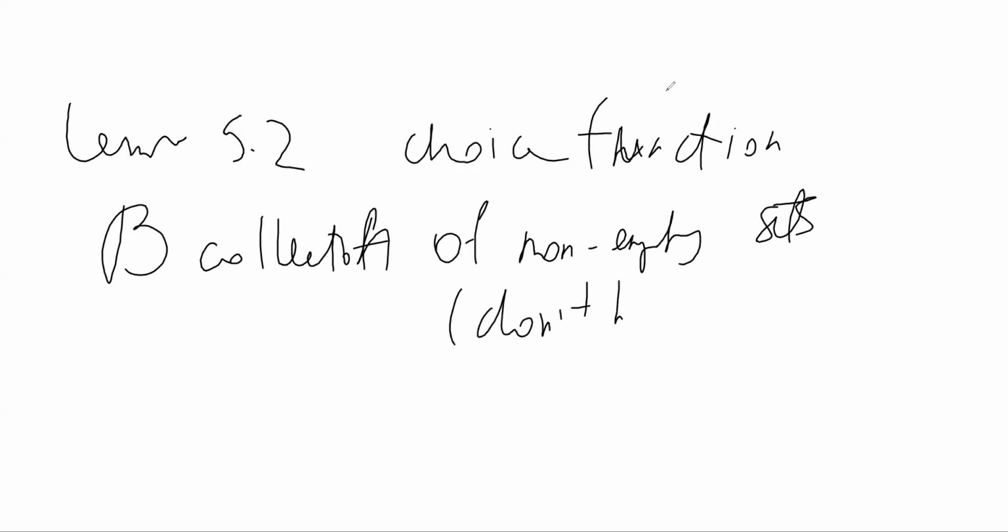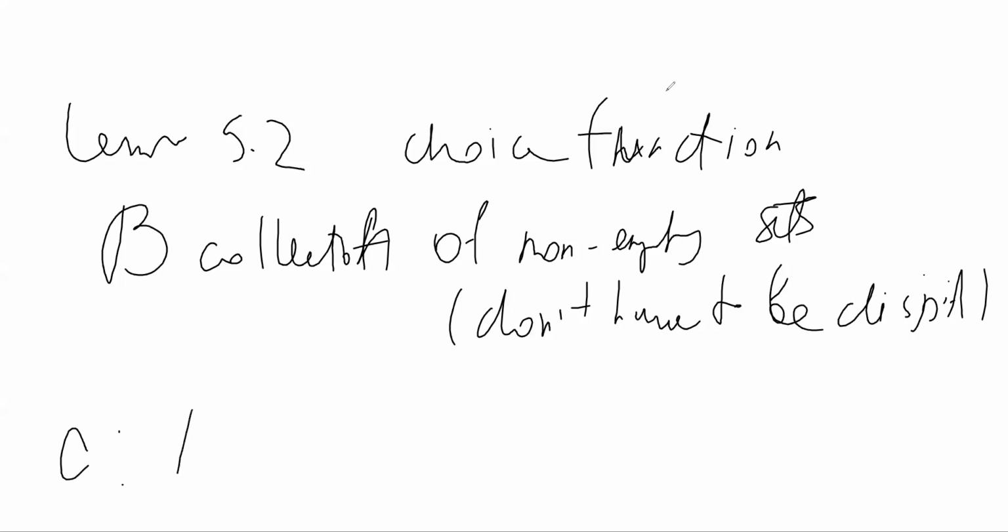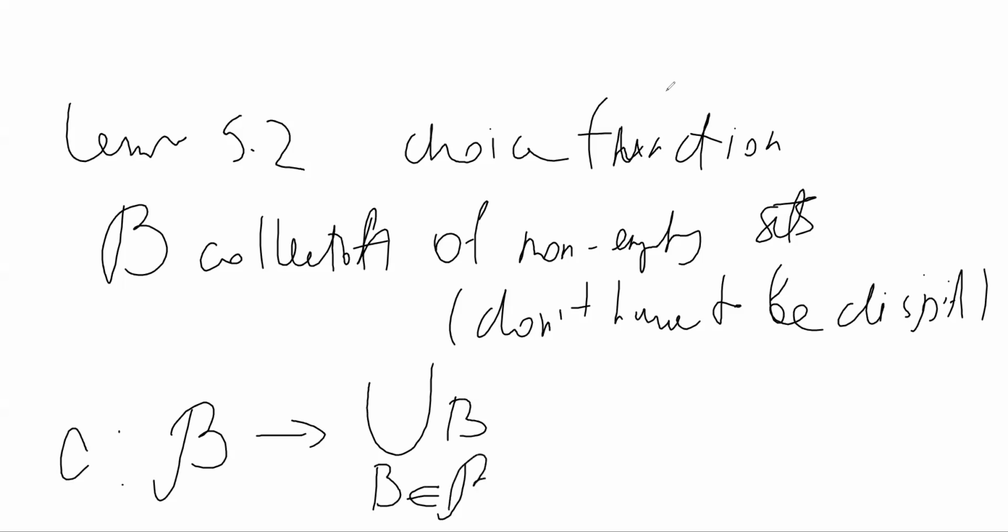Then there exists a function C, because choice, from the collection of sets into the union of B, such that C of B is in B for every set B in the collection.